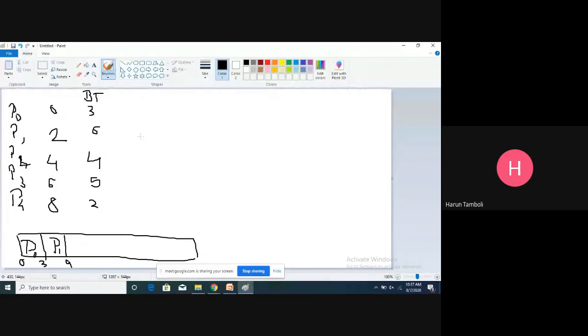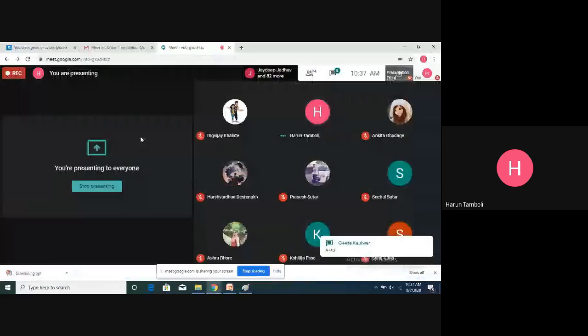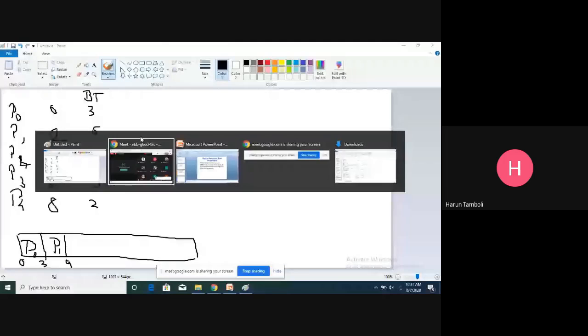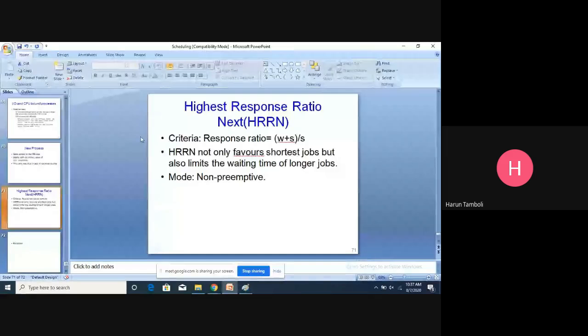This allocation will happen based on the formula, that is (W plus S) divided by S. This is the formula that will be calculated, and based on this formula, the process will get allocated.